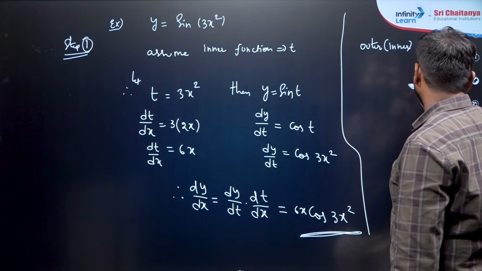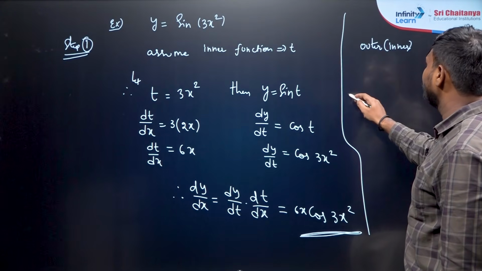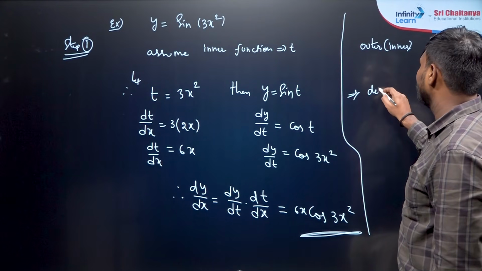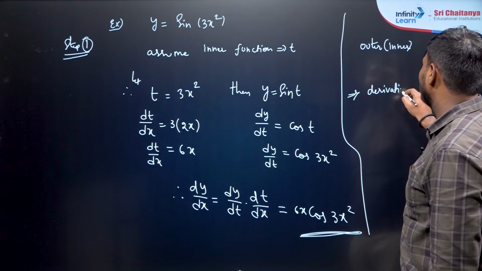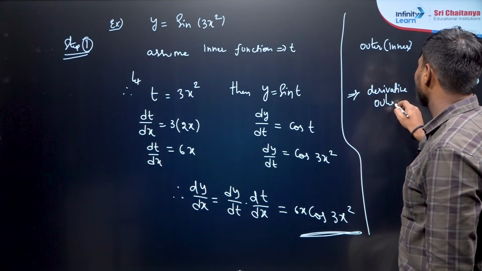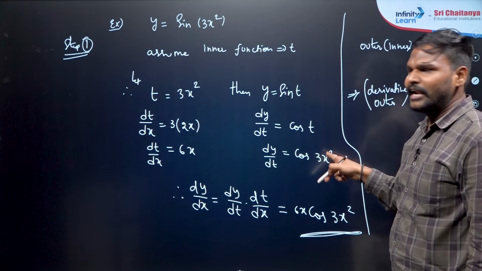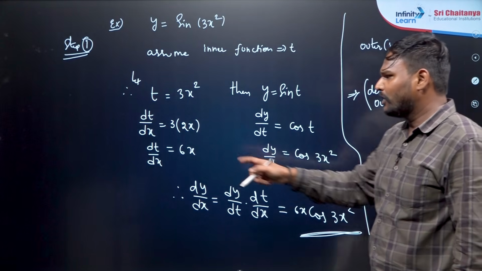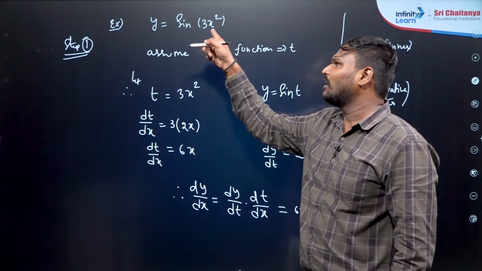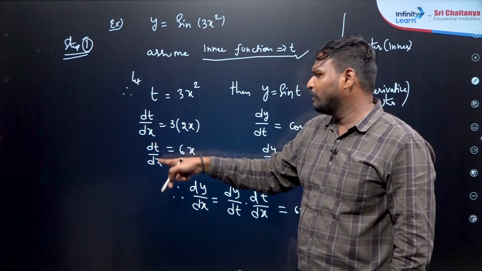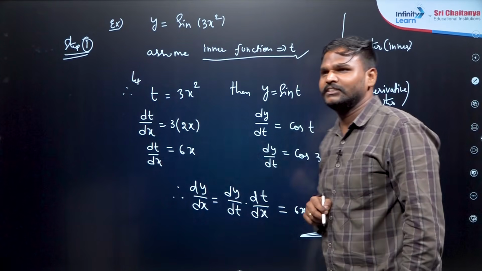Whenever outer function and inner function are there, what we will do, sir? We will differentiate the outer function, which is dy by dt. In English it is called the derivative of the outer function. And what is dt by dx? If t is called the inner function, because we have assumed t as the inner function, then dt by dx is the derivative of the inner function.